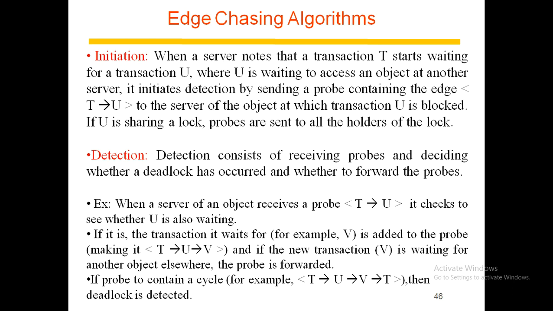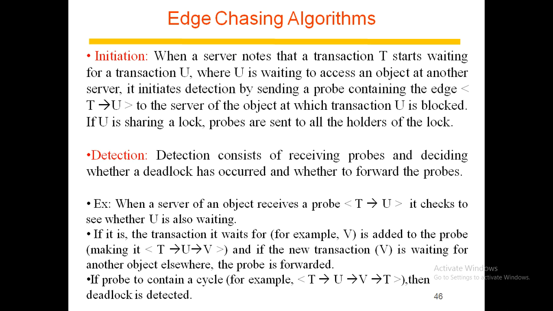Step number 1, called initiation. When a server notes that transaction T starts waiting for another transaction U, where U is waiting to access an object at another server, it initiates a detection by sending a probe containing an edge T to U to the server of the object at which the transaction U is blocked.